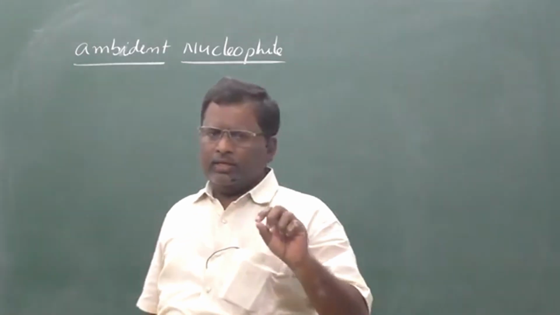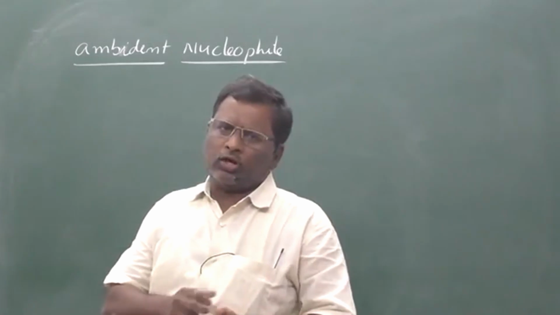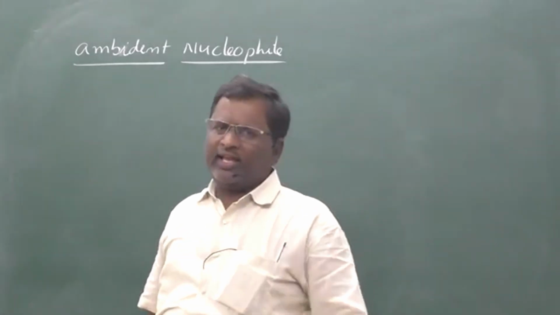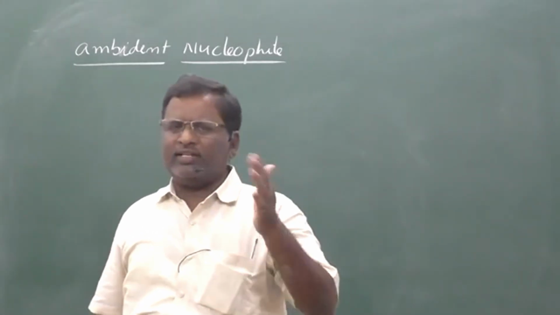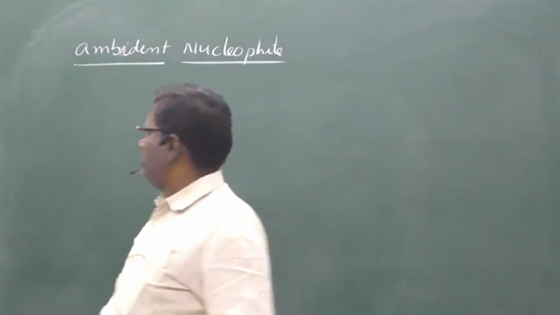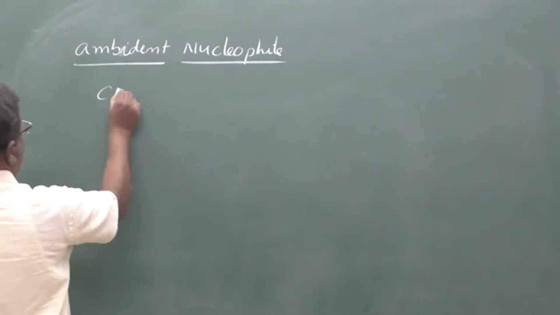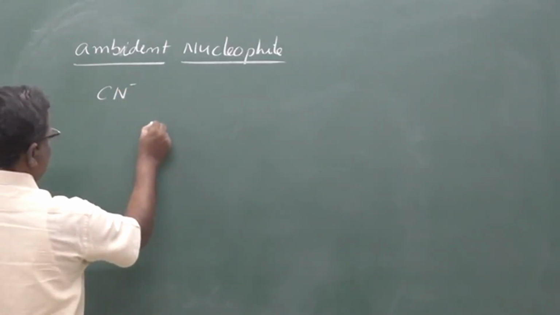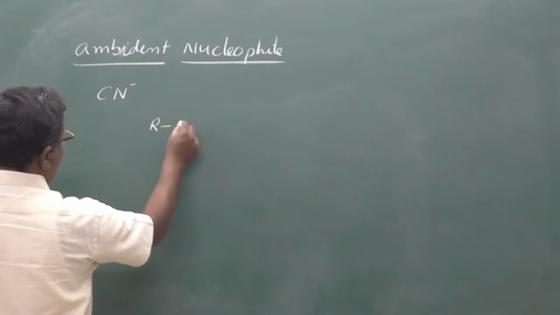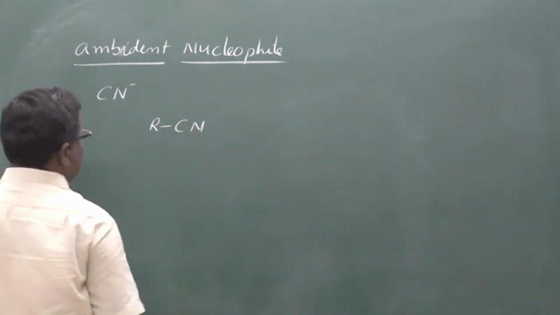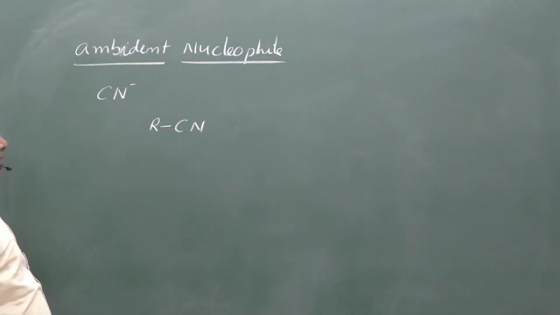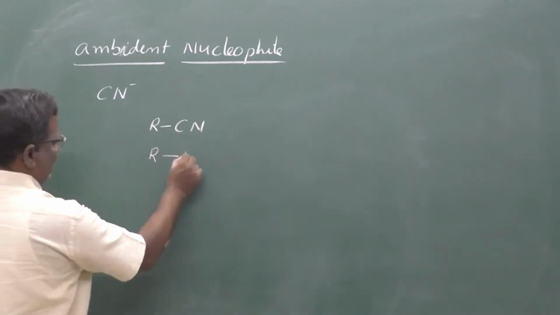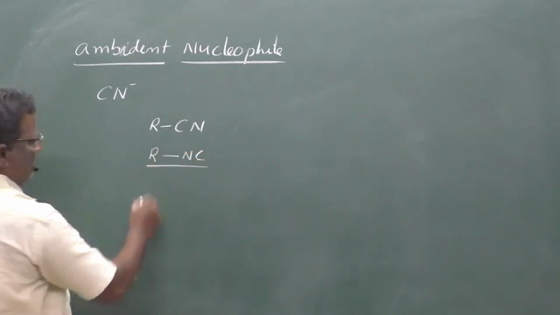Here certain nucleophiles are there. They can attack from both sides of their ends. For example, if you take cyanide, CN minus, if it attaches like this, the compound is said to be cyanide, or if it attacks like this, it is said to be isocyanide.